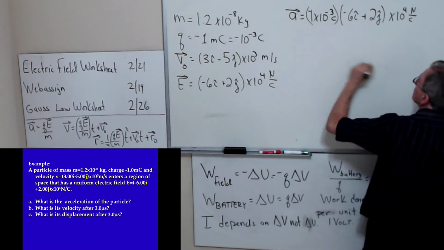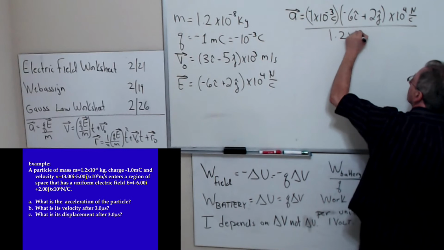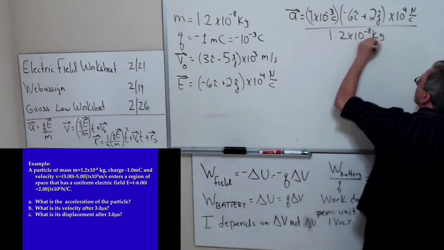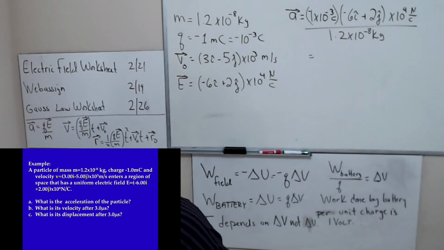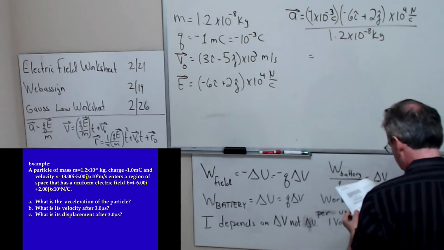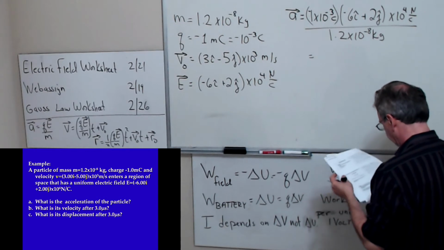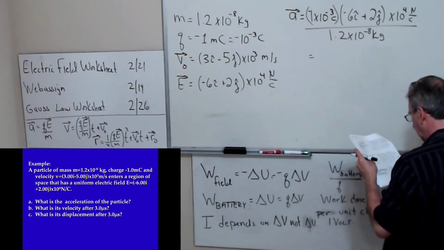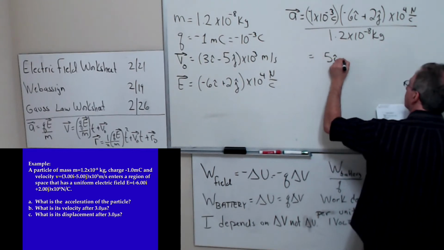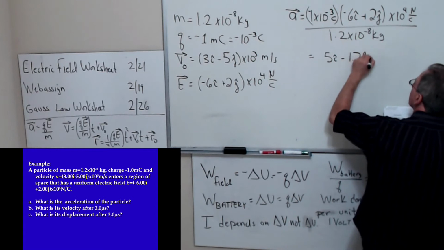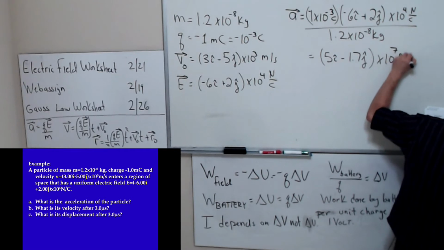The coulombs will cancel when they divide by the mass. And your acceleration will turn out to be, once you do this on your calculator, (5i) minus 1.7j times 10 to the 7th meters per second squared.